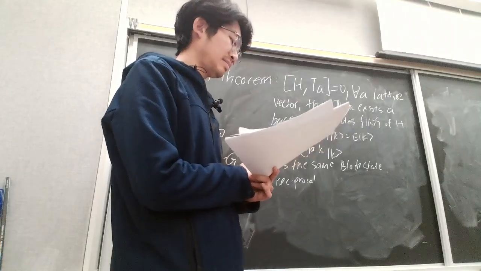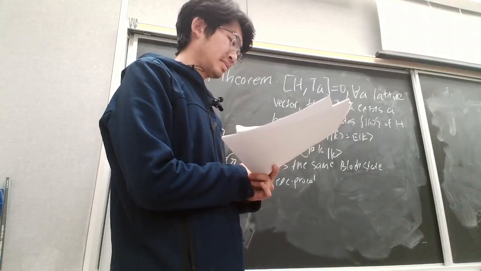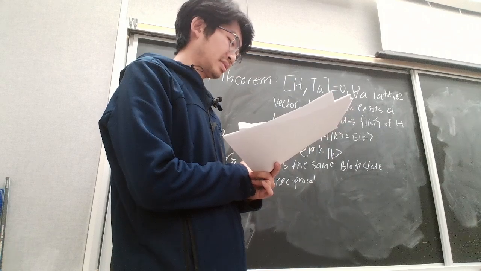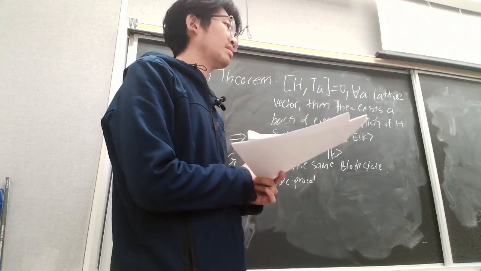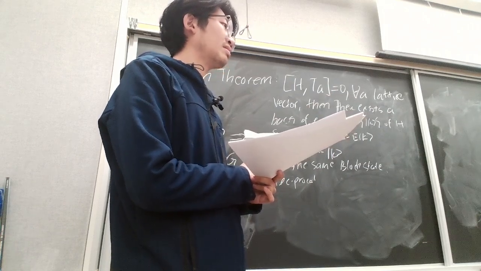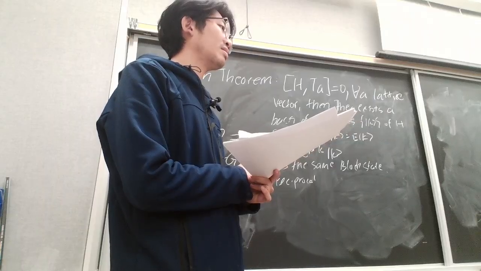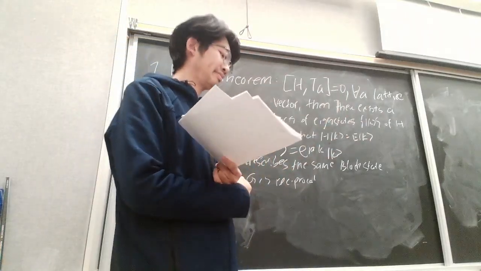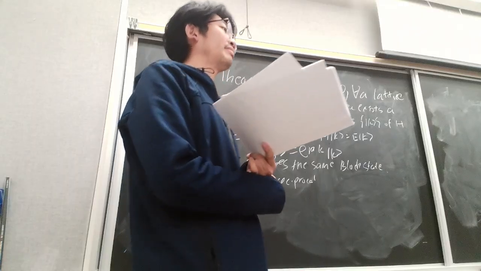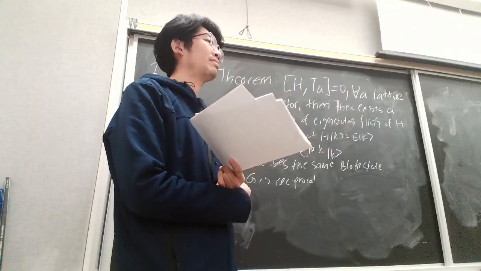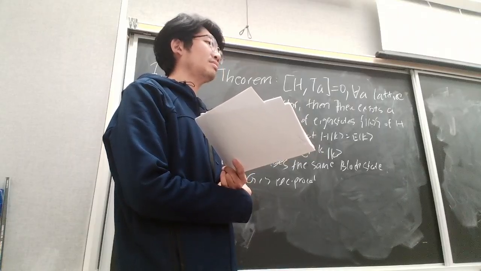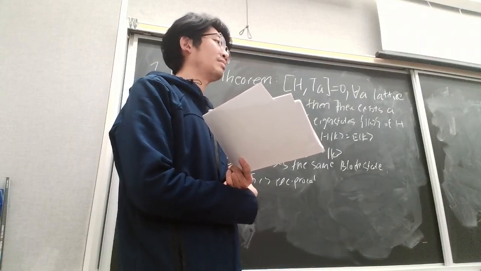Because if you plug in k versus k plus G, you get the same eigenvalue, so it has to be the same state as far as we're concerned. So that's all we're doing. We just have quantum numbers, but instead of choosing eigenvalues to label them, we choose the phase of the eigenvalue because it has a nice form like this.